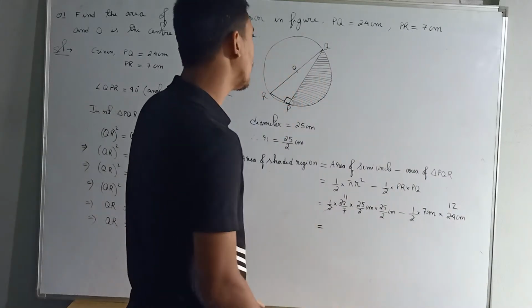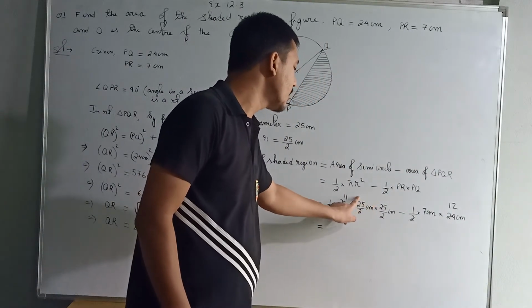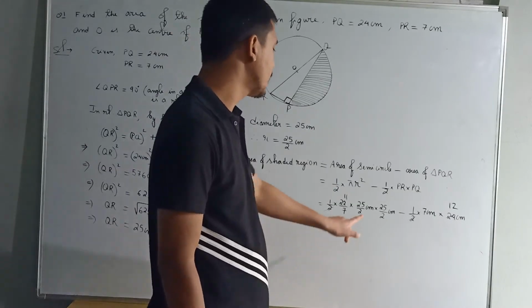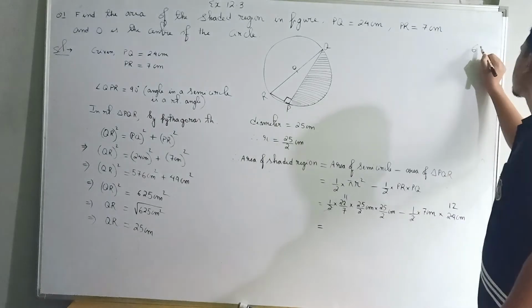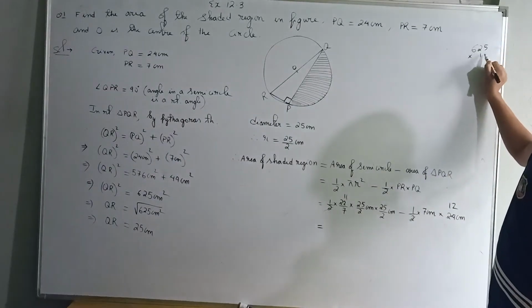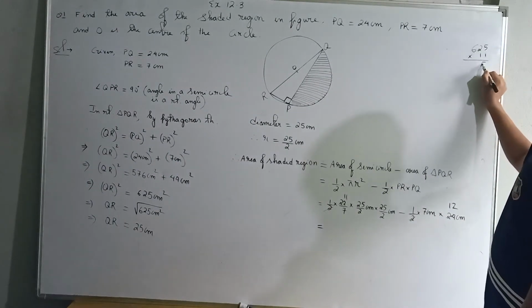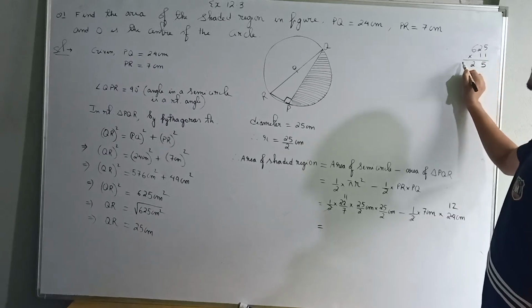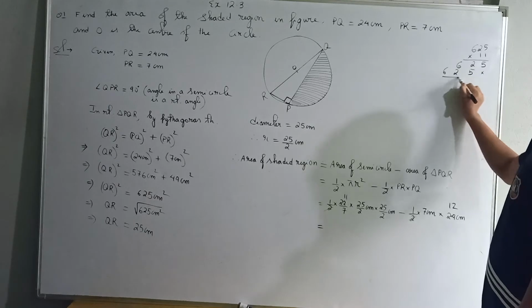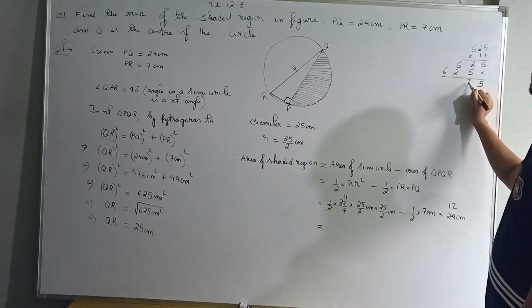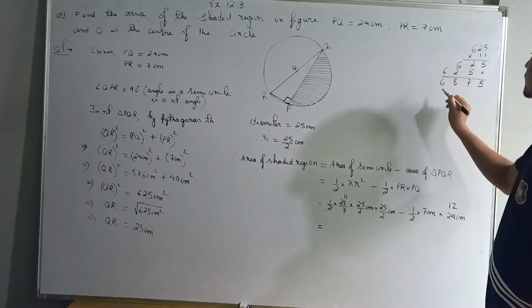Now we're going to multiply. 25 times 25 is 625. 625 times 11: 1 5 times is 5, 1 2 times is 2, 1 6 times is 6. 5 2 6, so we have 5 7 8 6.